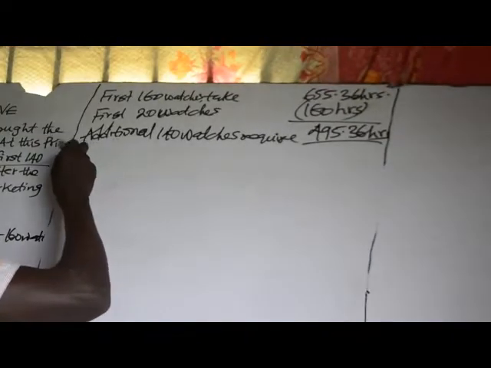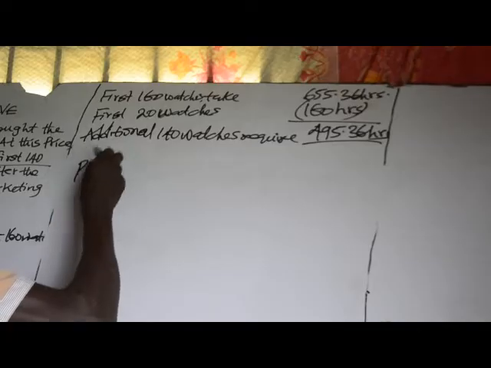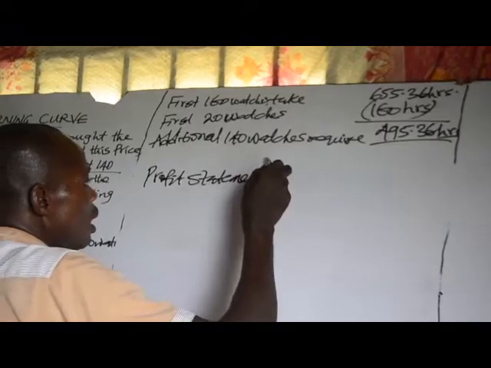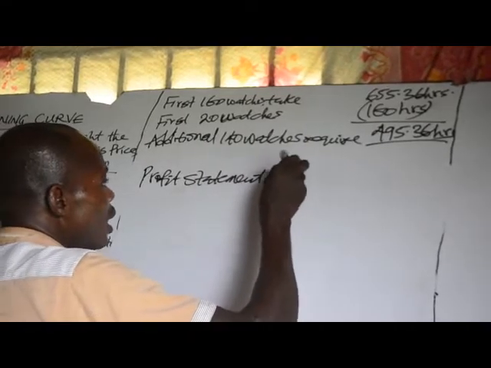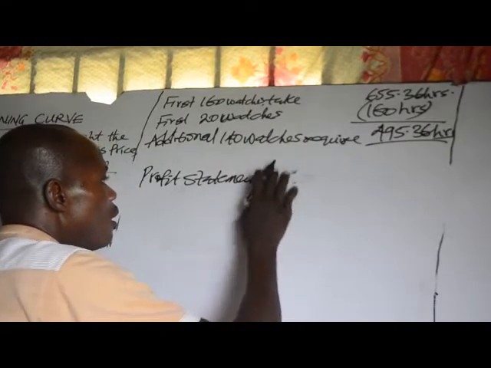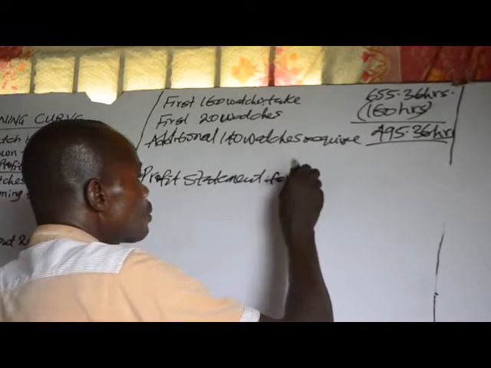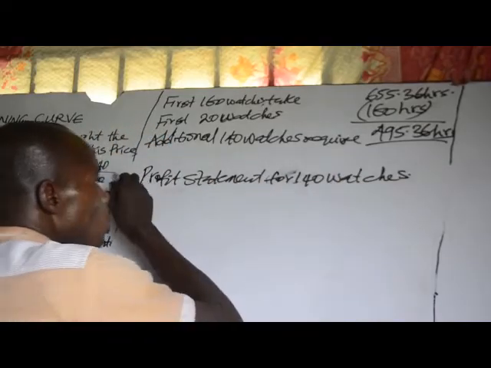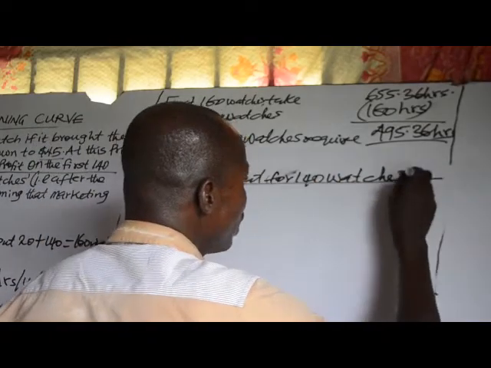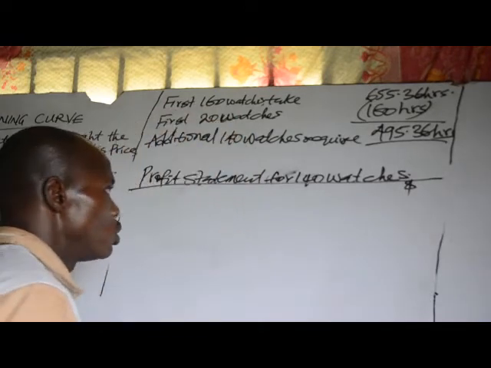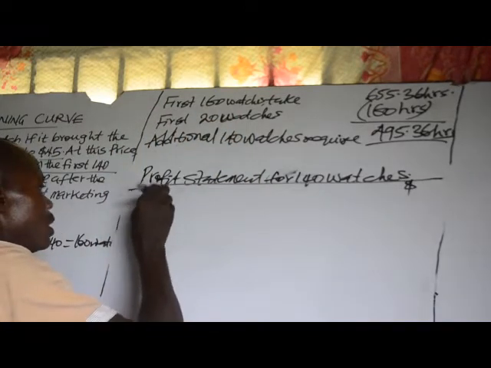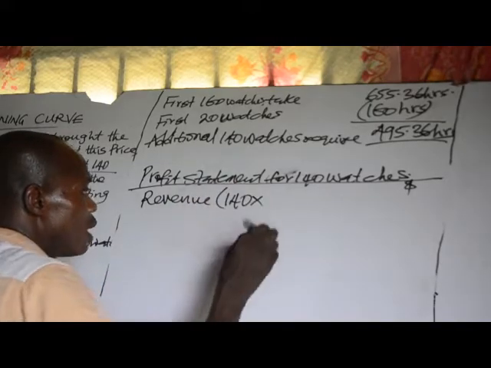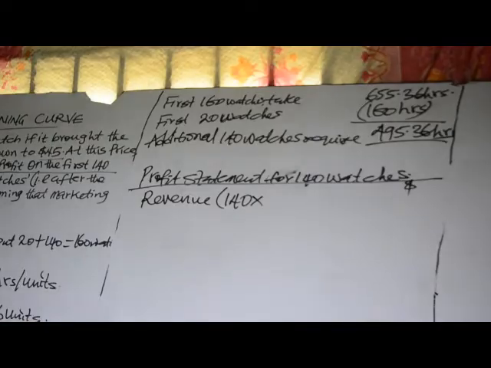You want to prepare the profit statement. Profit statement for 140 watches after the first 20 watches have been produced. The first item should be your revenue. Your revenue will be the output, which is 140, or number of units sold, times the selling price.